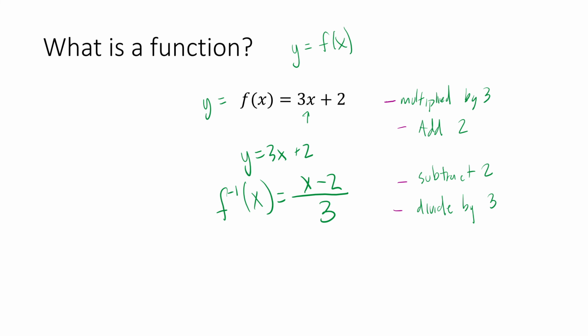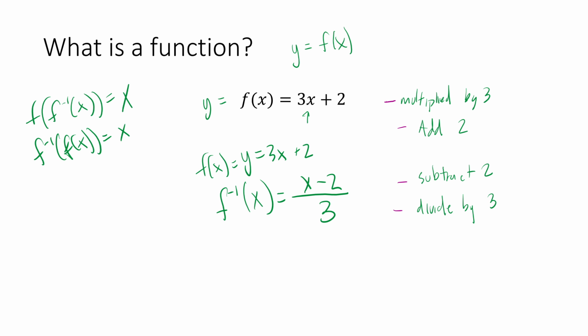We know that this was f of x, and that our other one was f inverse of x. If f of f inverse of x is equal to x, and f inverse of f of x is equal to x, then we have inverse functions.